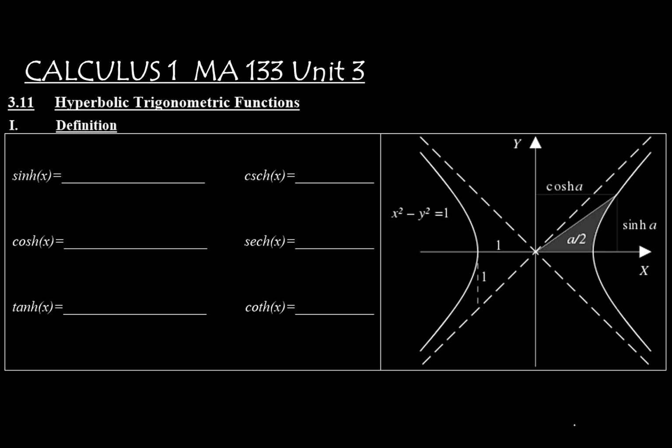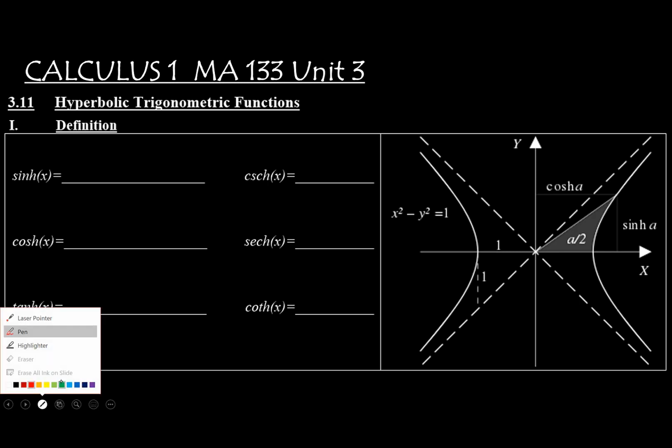Starting off with hyperbolic trigonometric functions, we're going to look at these functions that you may not have seen before. These are the trig functions that are created with hyperbolas.